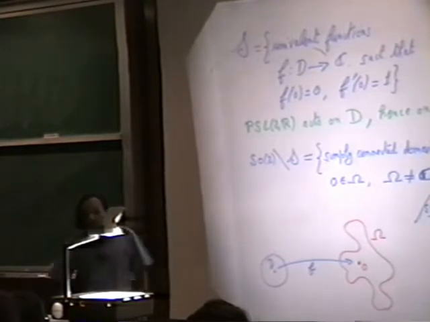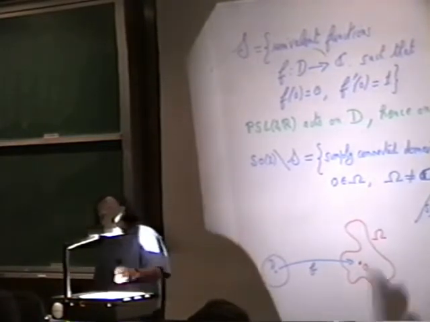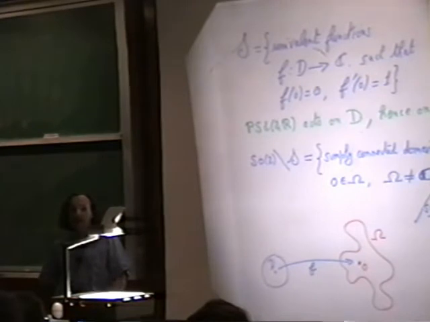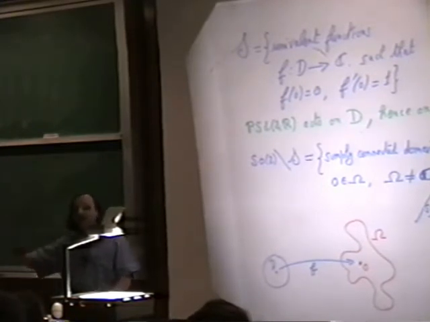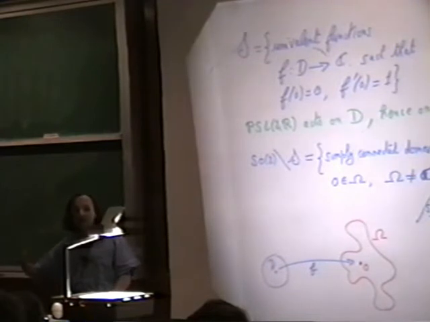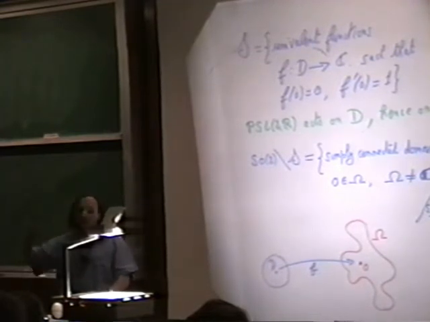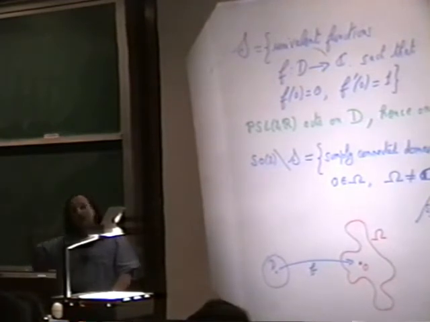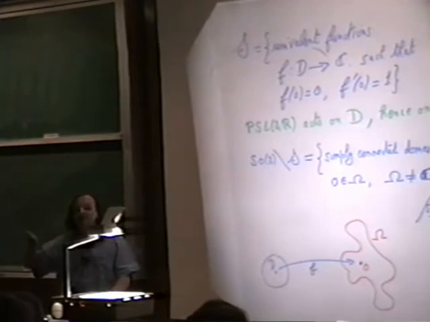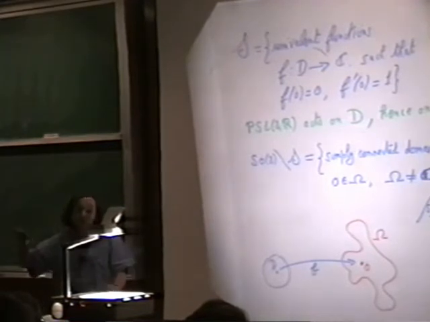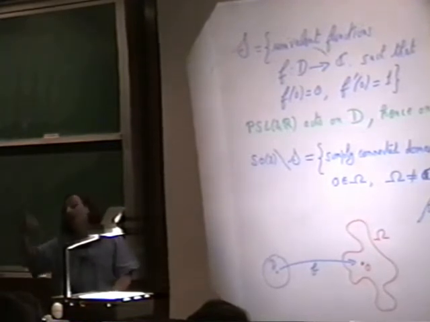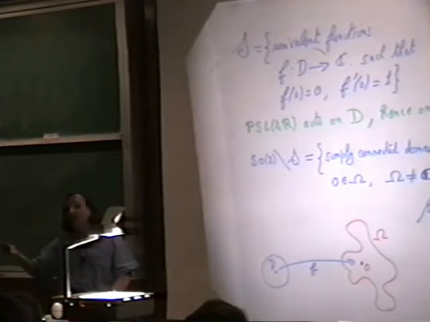What is it? Well, if you have a univalent map D to C, and you give me an element of PSL2R, you can let it act on the source. So you get another map from D to C, just by precomposing with PSL2R. You get a new map which is still univalent from D to C, but probably it's not sending 0 to 0 and does not have the right condition for the derivative.